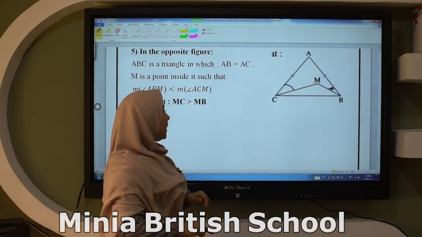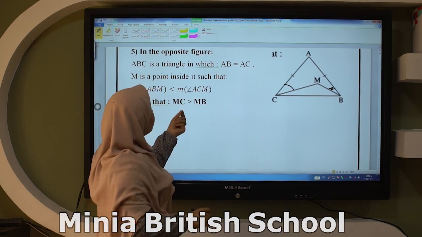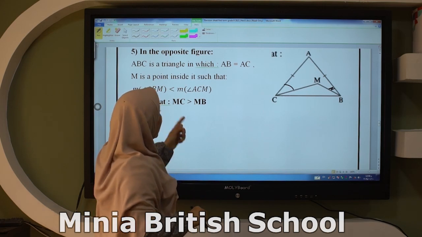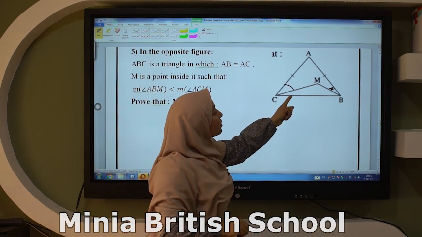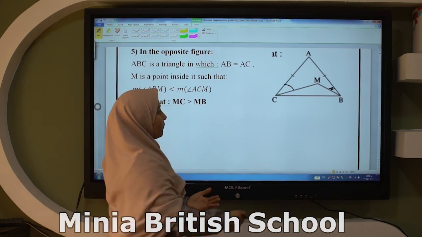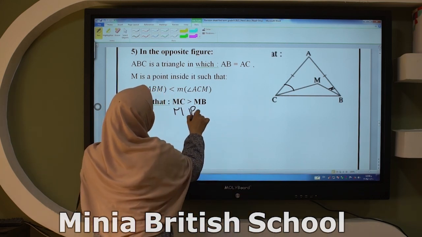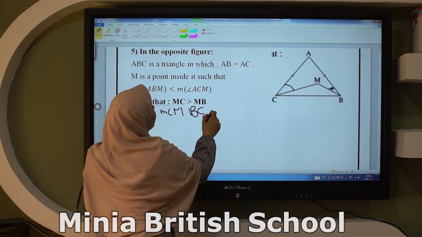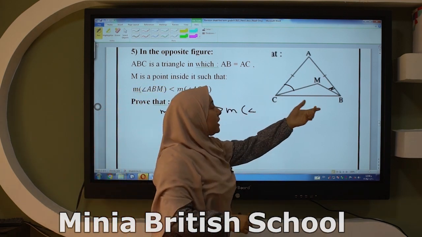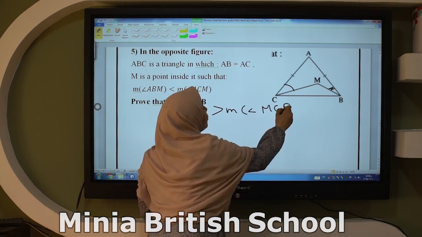Okay. I need to prove MC greater than MB. Then I need to prove measure of angle MBC greater than measure of angle MCB. I need to prove that.